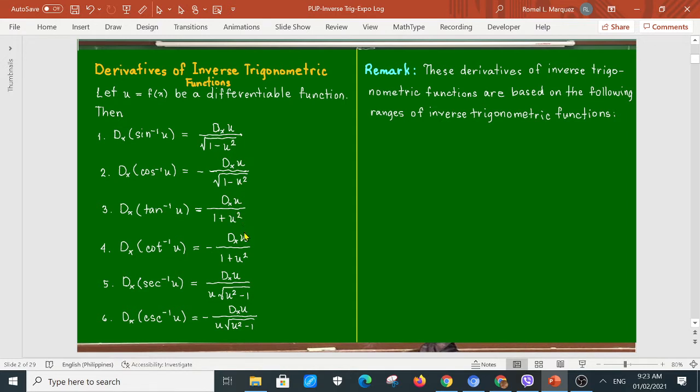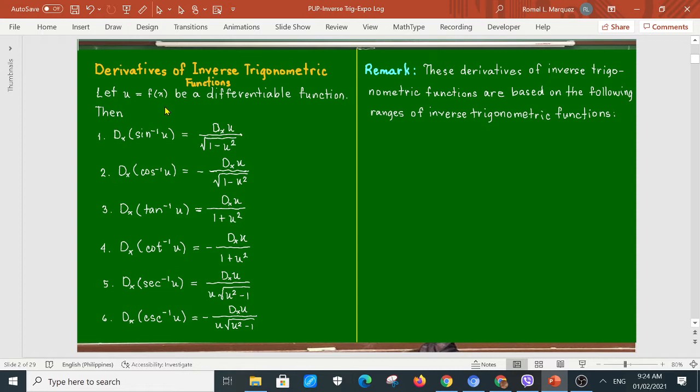Were you able to watch that already, guys? Hopefully you were able to watch that, because this is the continuation, the next set of functions. So, inverse trigonometric functions. We're going to get their derivatives.